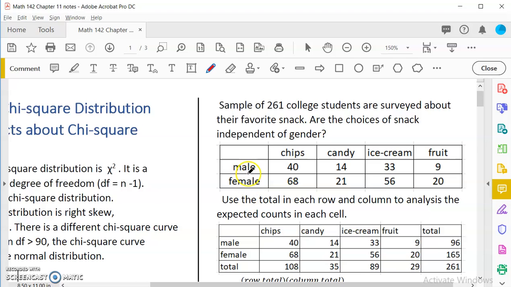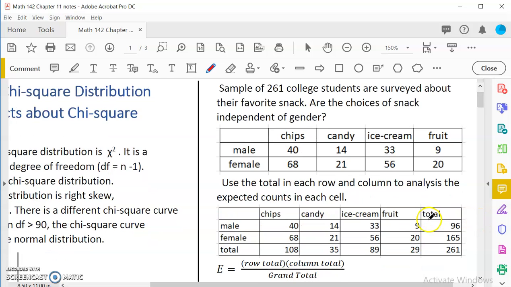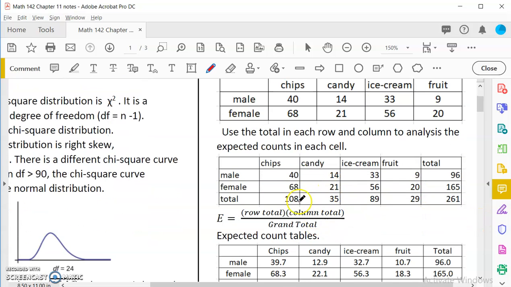Right. So if I don't look at the gender, this particular table has a total, right? So I have 108 people. How many percent will choose chips, versus if I just look at male, how many percent will choose chips? Does being a male affect the percentage of choosing chips?